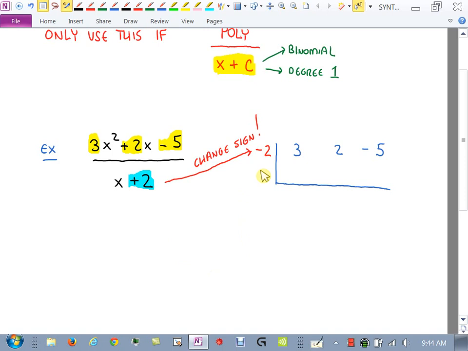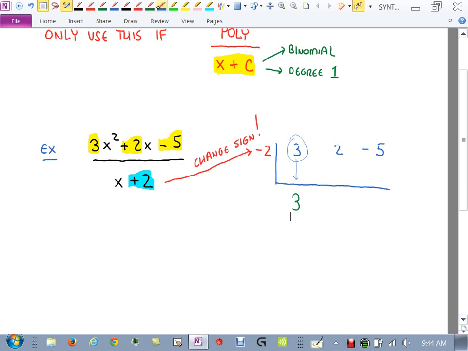So now I'd like to start the synthetic division. I'm going to start by looking at the first number, which is a 3, and I'm going to just drop that 3 straight down and put it right underneath the division box. Whatever that first number is will always drop down. Always, that number always just drops.